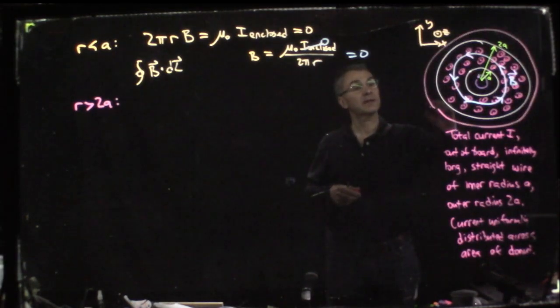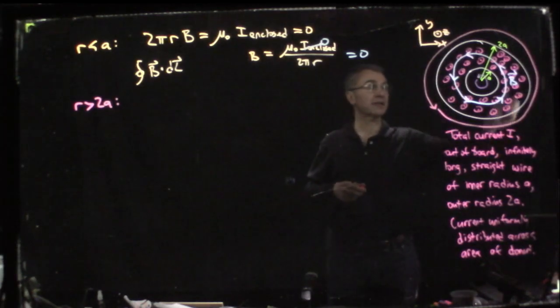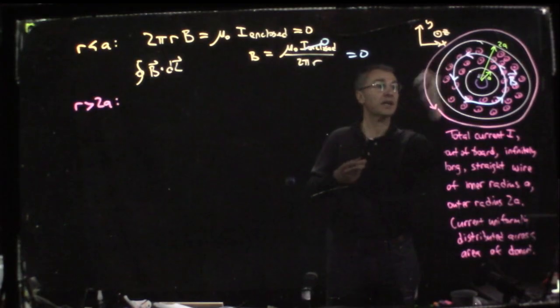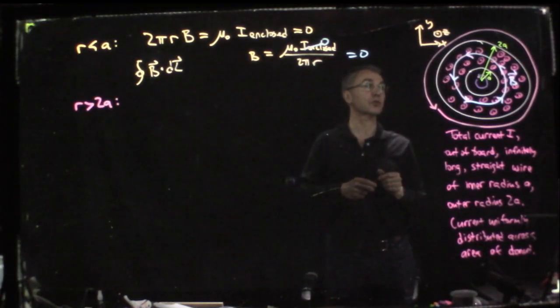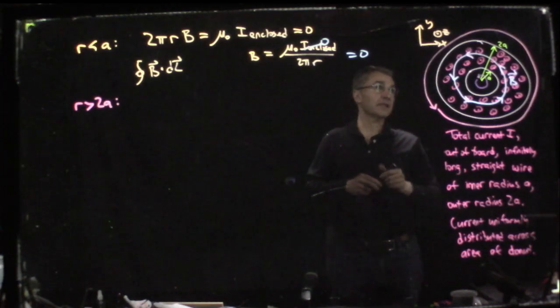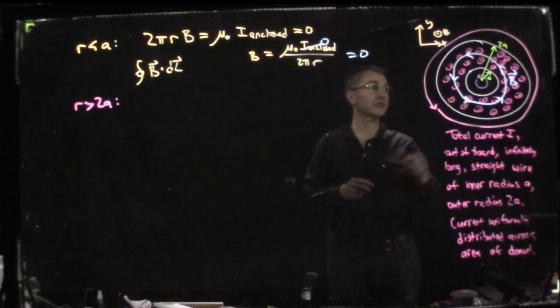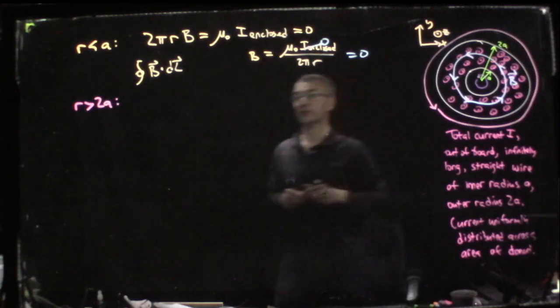That's our loop, and I claim that our loop is just following a single magnetic field line, because the magnetic field lines have to be a function only of radius, and they have to be counterclockwise since the current is out of the plane of the board. The magnetic field magnitude is only a function of radius because of the cylindrical symmetry of the current distribution.